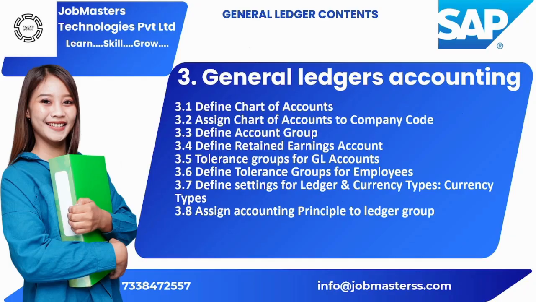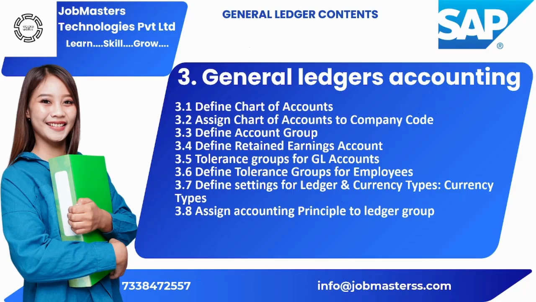Now here, for one company code, how many chart of accounts can we assign? We can assign two charts of accounts to one company code. One is the operating chart of accounts, and another one is the country specific chart of accounts. For example, we can have a company code in India and a company code in USA.